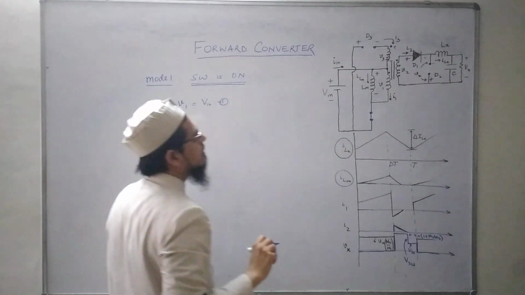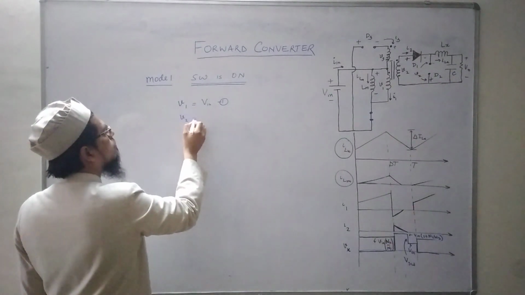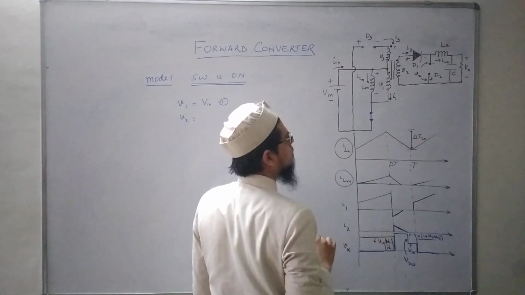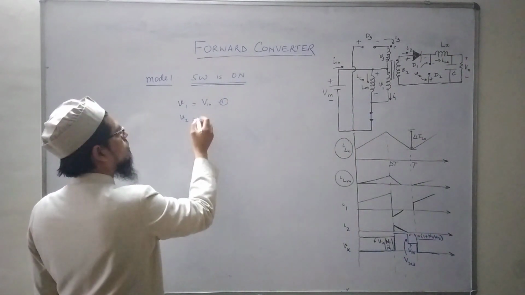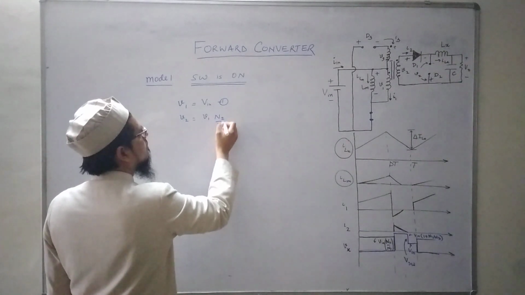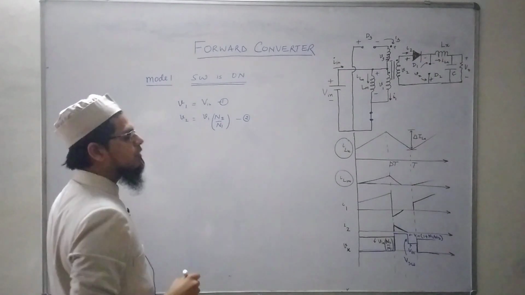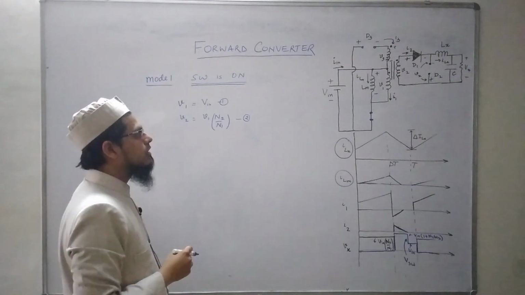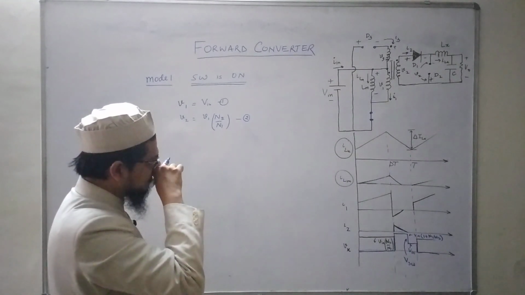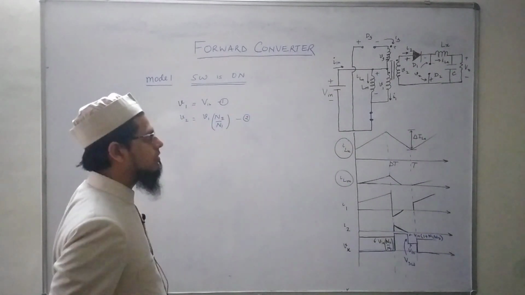Similarly, V2, which is the voltage appearing at the secondary winding of the transformer, is related by V2 by V1 equals N2 by N1, where N1 and N2 are the winding turns of windings 1 and 2 respectively.